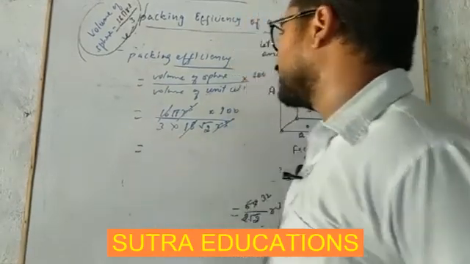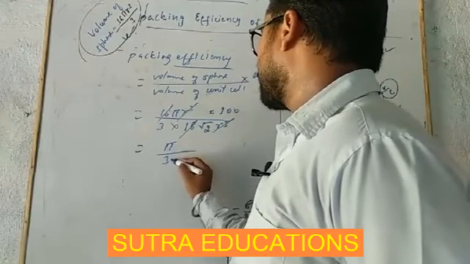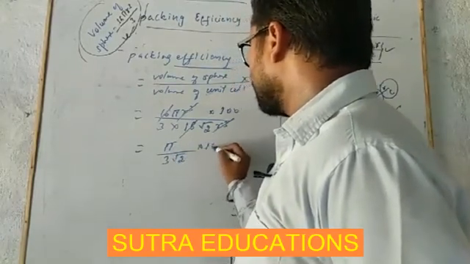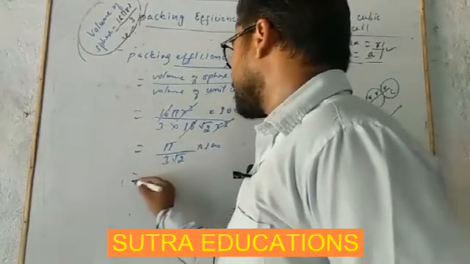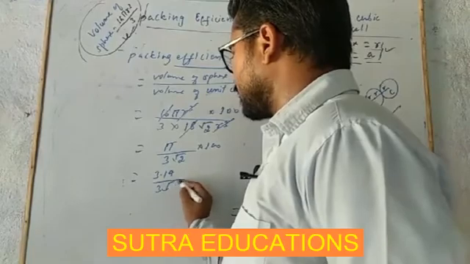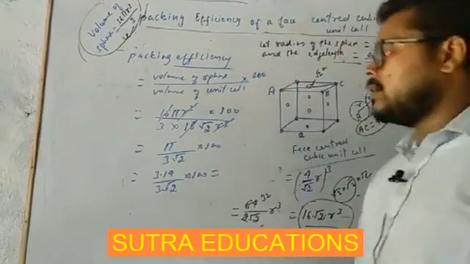So it is equal to pi upon 3 root 2 into 100.